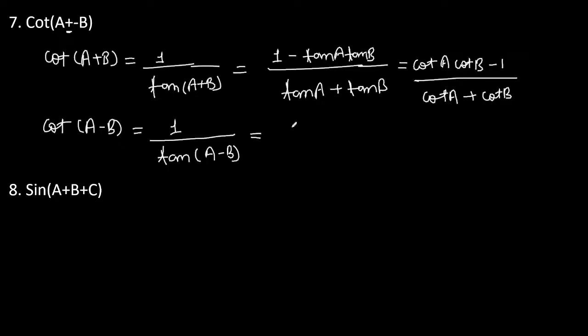So this is the formula. We simply kept B equal to minus B. Tan A minus tan B divided by... it is correct, yes.